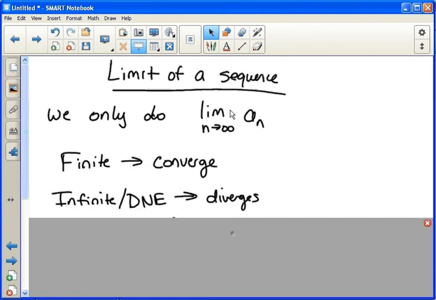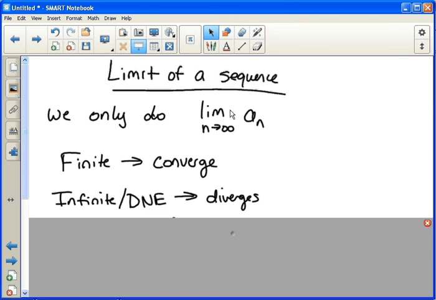Okay, and there's two words you need to know when it comes to sequences and their limits, and that's converge and diverge. If you get a finite answer, in other words, when you take the limit, if you get an actual number, that number can be 1/2, 75, 3, -2, whatever. If you get a number, then that sequence converges. Converge just means you get a number.